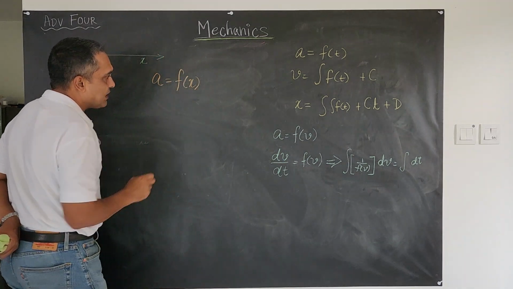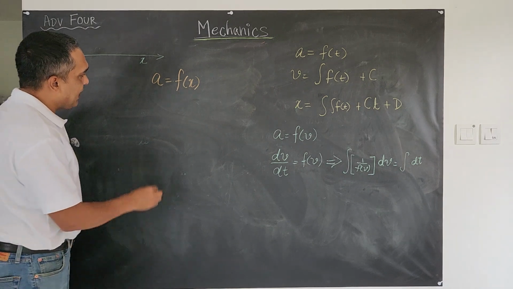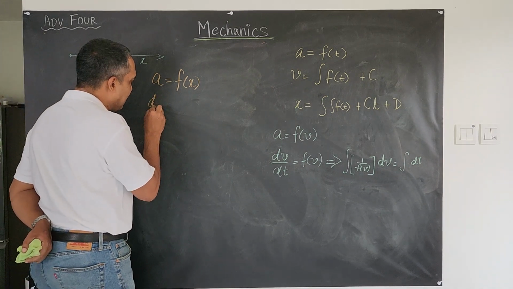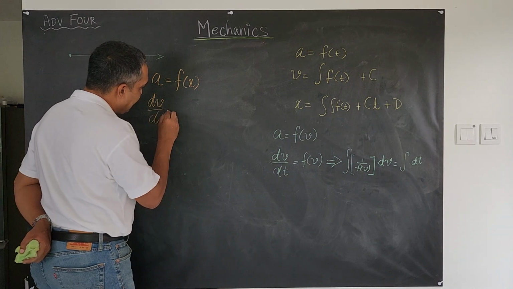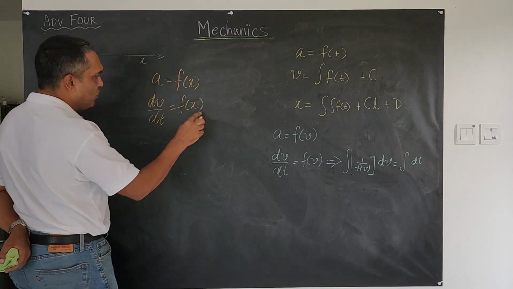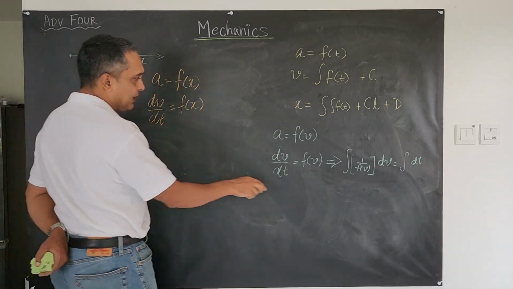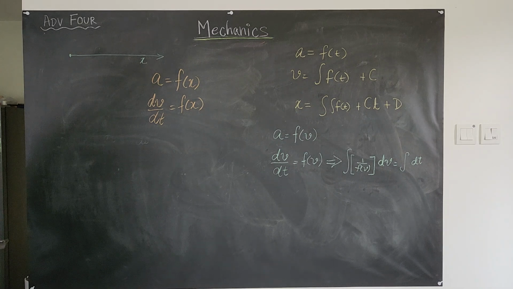And this is where it gets even trickier sometimes, because now I have dv by dt, and even if I attempted to manipulate this and move them around, I will never be able to get there. So I have to come up with a means of addressing it.